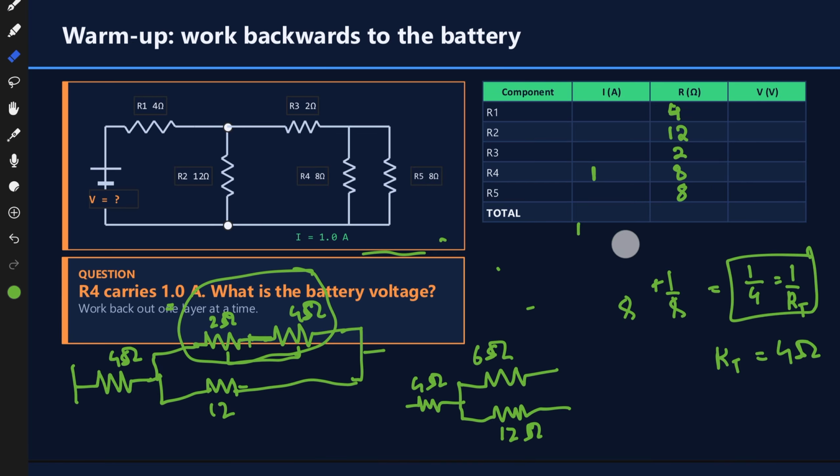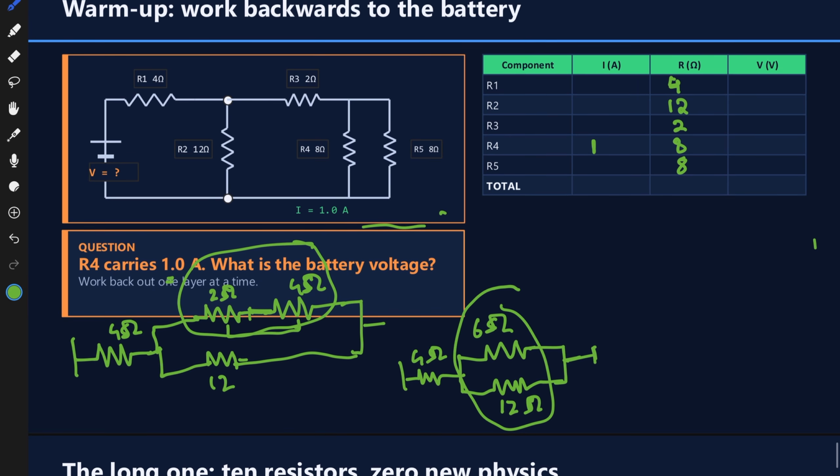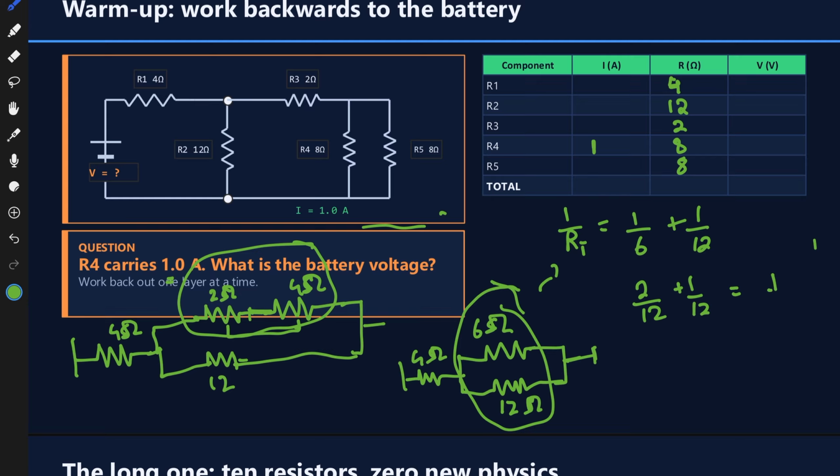We had the 8 ohm resistors and we simplified them, right? We can similarly simplify this branch, this entire thing here. So we're going to take the equivalent resistance of this parallel circuit here, which is going to be 1 over R total is equal to 1 over 6 plus 1 over 12, 2 over 12 plus 1 over 12, or 1 over 4.